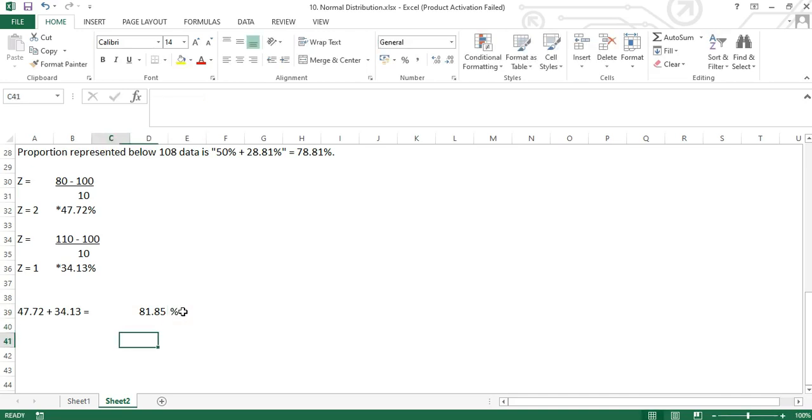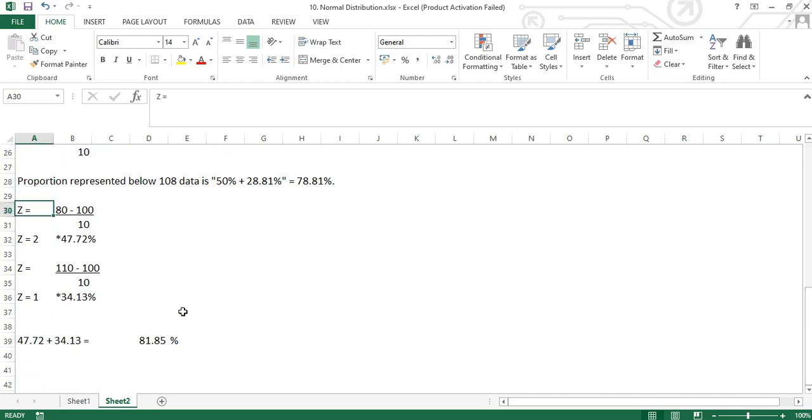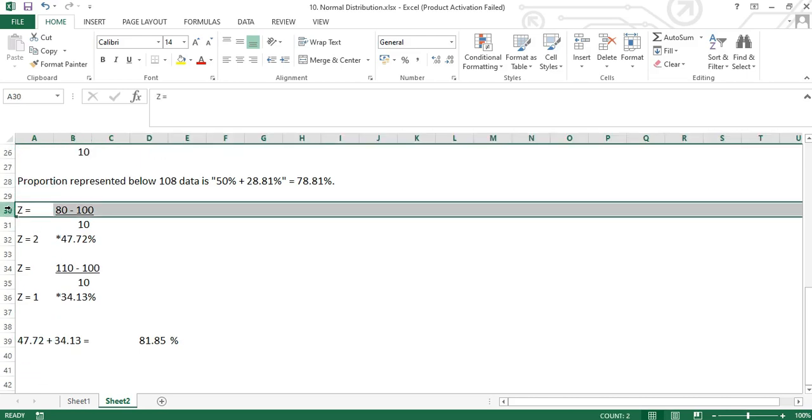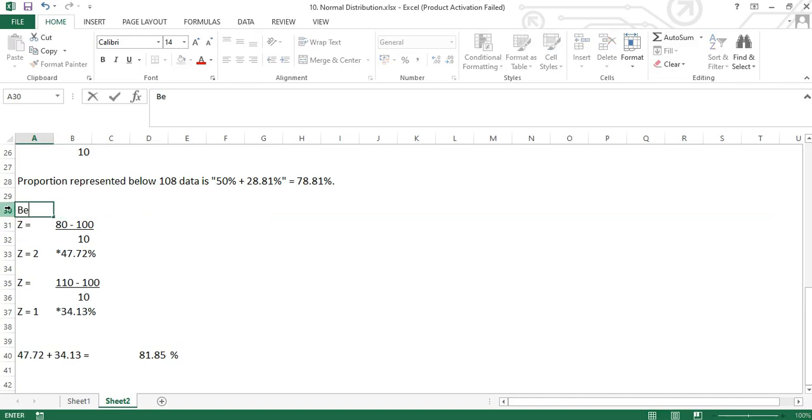Okay, so this is how you find the proportion for a range of data, between 80 to 110. So you should say in the exam that 80 to 110 data represents 80%, 81% of the total population.